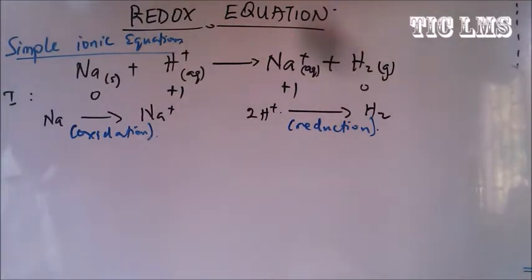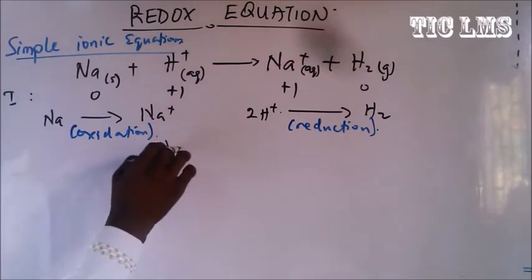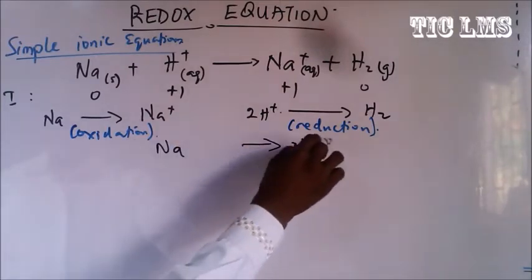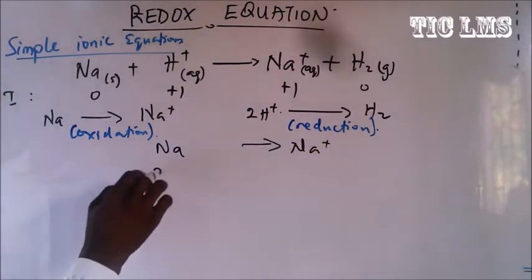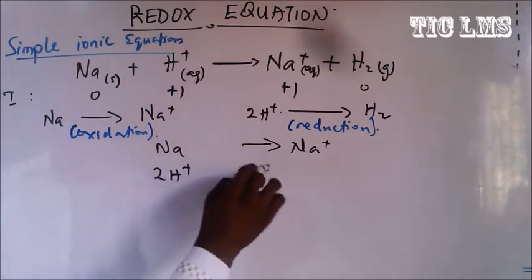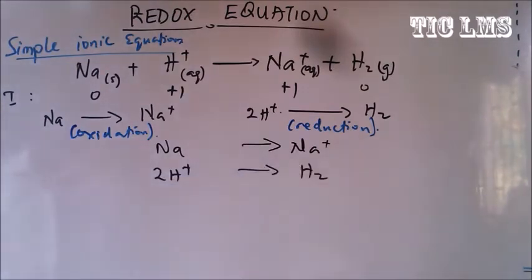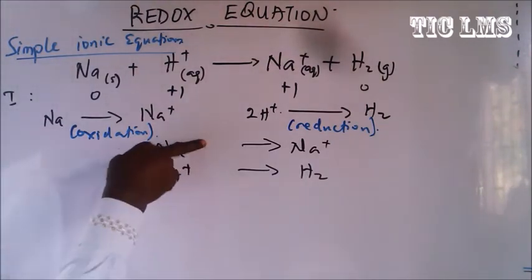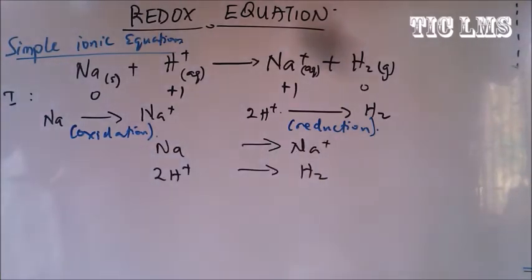And next, we balance the electron. And how do we balance the electron? Now let us place it side by side. We have Na, then Na+, and then 2H+, producing H2. To balance the electron, here we have 0 as the oxidation number, and then we have +1 here.